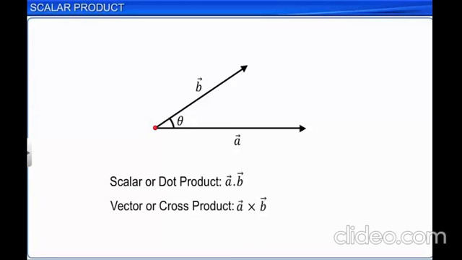The name itself indicates the result. If we use scalar product, the result is a scalar, that is, a real number. If we use vector product, the result is a vector. We will now learn to find the scalar or dot product of two vectors.